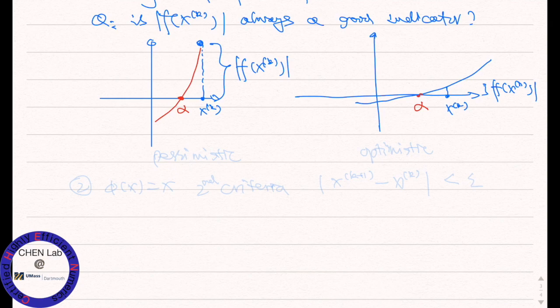So that estimator, that indicator, would in this case be optimistic. In that case, it would be pessimistic, right? The same indicator.